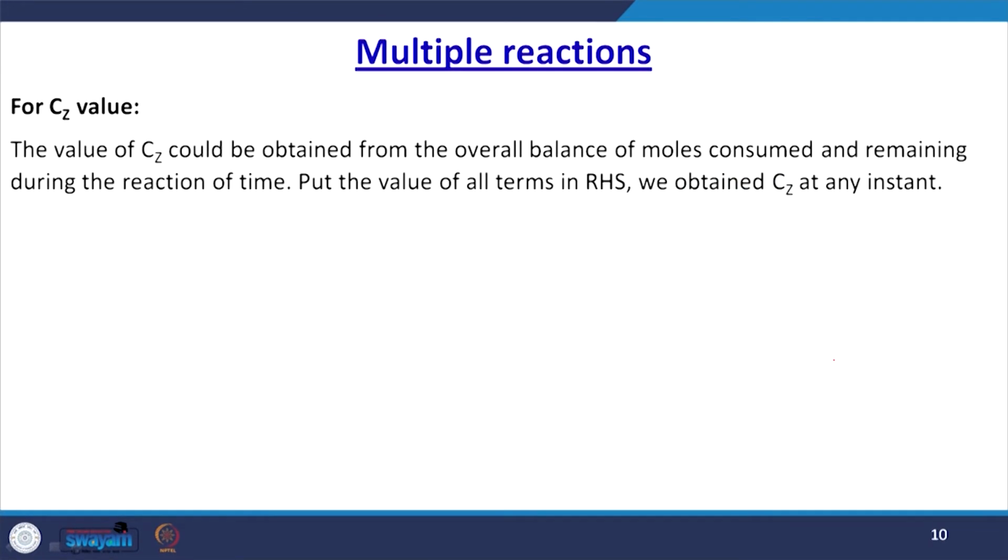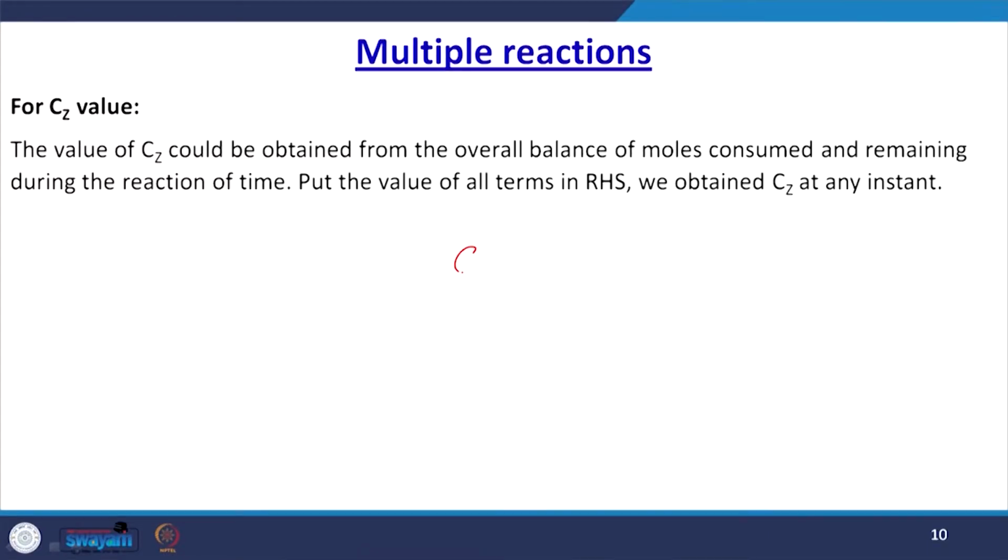Now, sometimes you may be interested in finding the value of z with respect to concentration, that is sometimes referred to as Cz. The value of Cz can be obtained from the overall balance of moles consumed and remaining during the reaction time. Putting all values on the right hand side, we obtain the value of Cz at any instant.